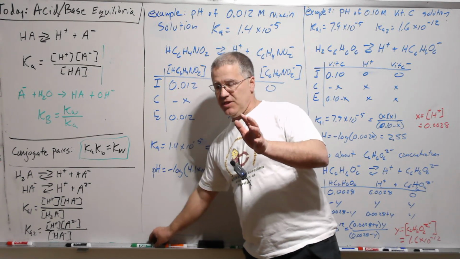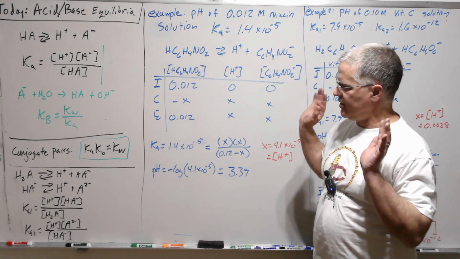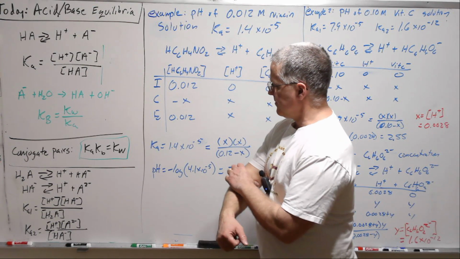Now, if it's a different species, then there's no relationship between Ka and Kb necessarily.